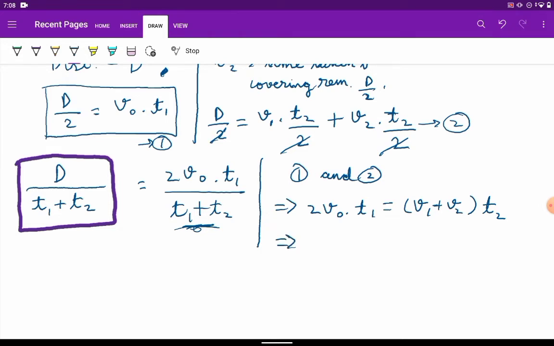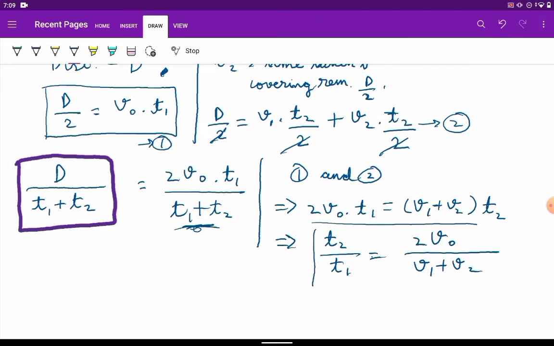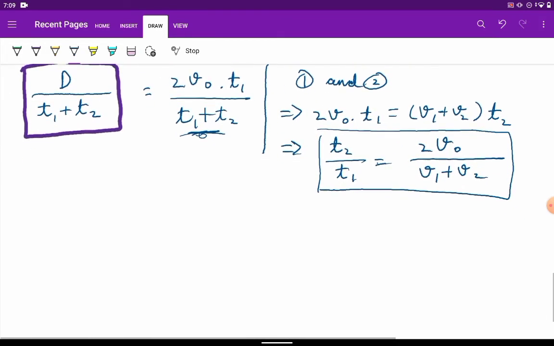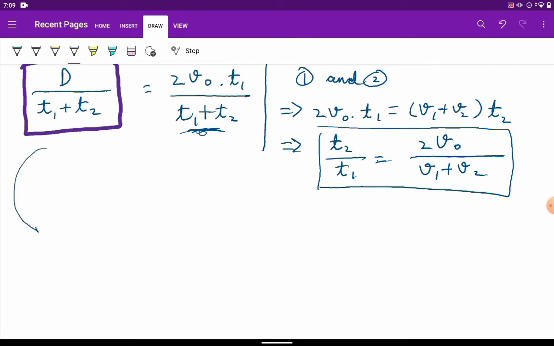So t2 by t1 becomes 2 v naught by v1 plus v2. Let's number this as 3.